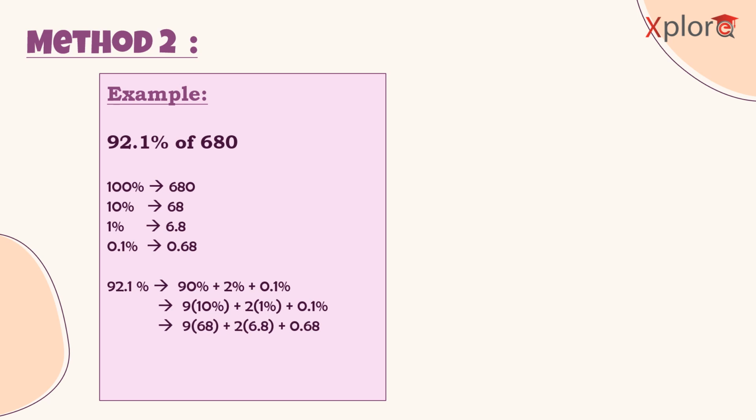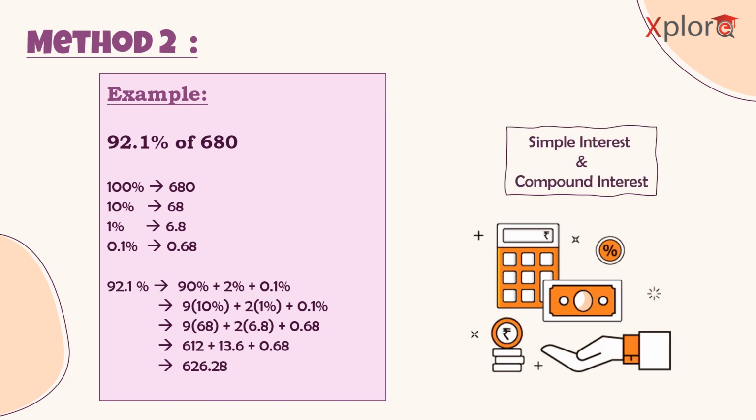So 9 into 68, 1% value is 6.8, so 2 into 6.8 plus 0.1% value is 0.68. So if we add all of this, we get 612 plus 13.6 plus 0.68, which is nothing but 626.28. By using this method, we can get the precise values. This method of solving percentages is very helpful while solving simple interest and compound interest.